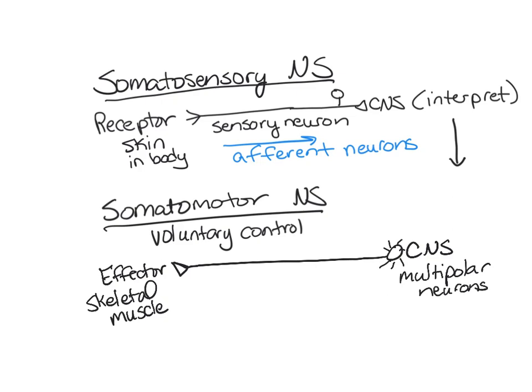And this one up here is a unipolar neuron, because most sensory neurons are unipolar neurons. And because this neuron is carrying information away from the central nervous system and to the effector, we say that these are efferent fibers or efferent neurons.